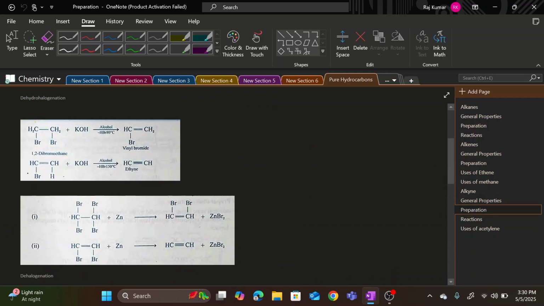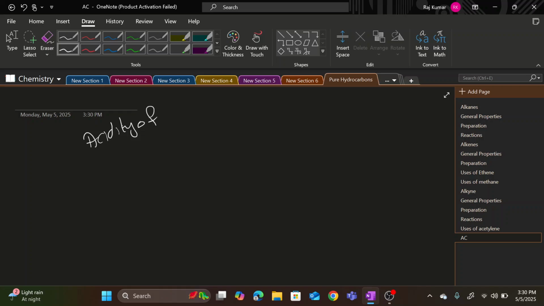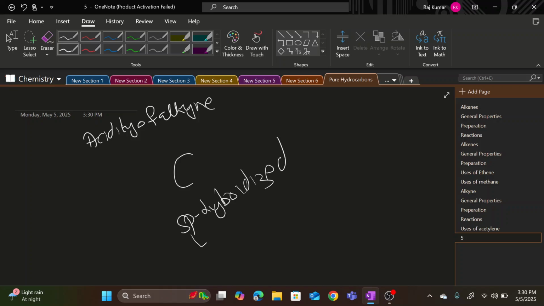And now let's look into another important aspect, which is the acidity of alkyne. Basically, alkyne has sp hybridized orbitals, and an sp hybridized orbital has 50% s character and 50% p character, which means the maximum amount of s character in a hybridized orbital is in an sp hybridized orbital.